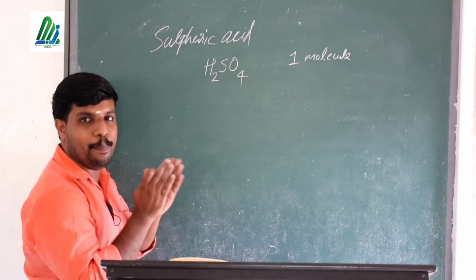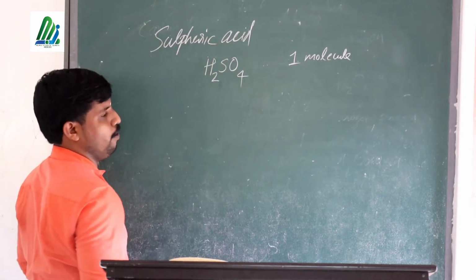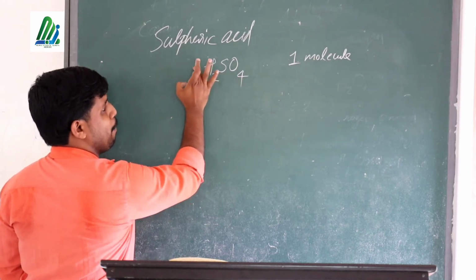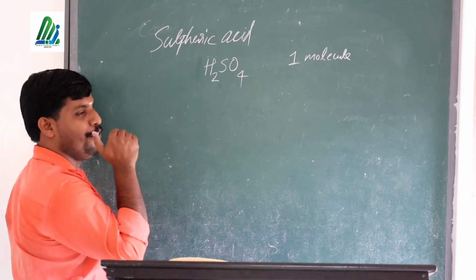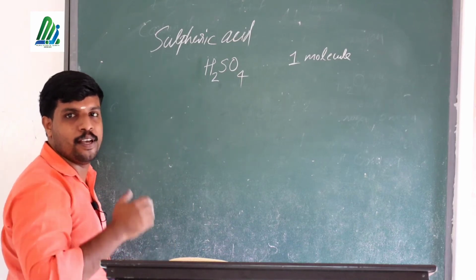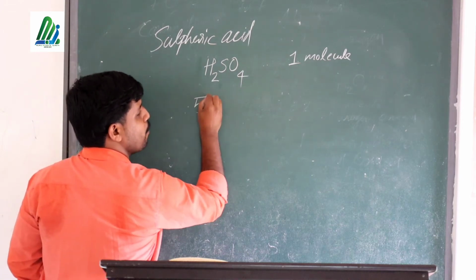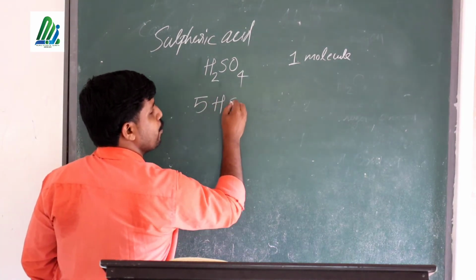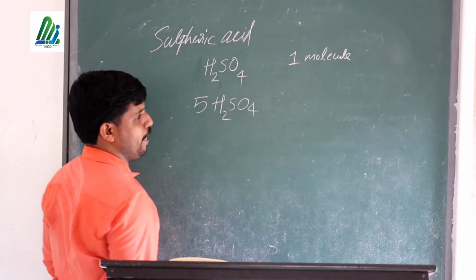How can you identify the number of molecules? In the case of a compound, the number of molecules is written on the left side. If you want to write 5 sulfuric acid molecules, it is 5 H2SO4. H2SO4 means 1 sulfuric acid molecule.